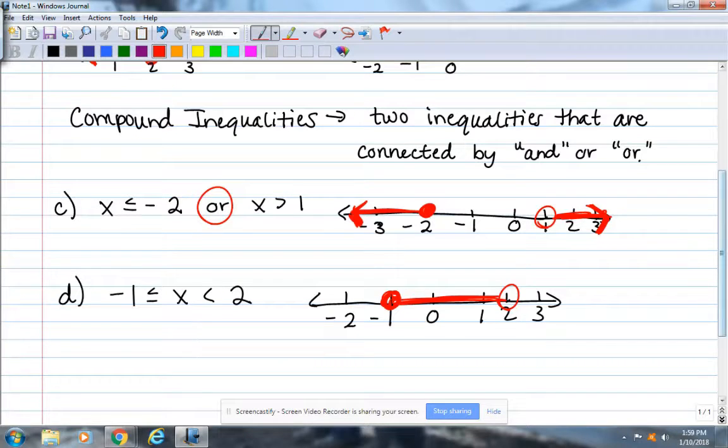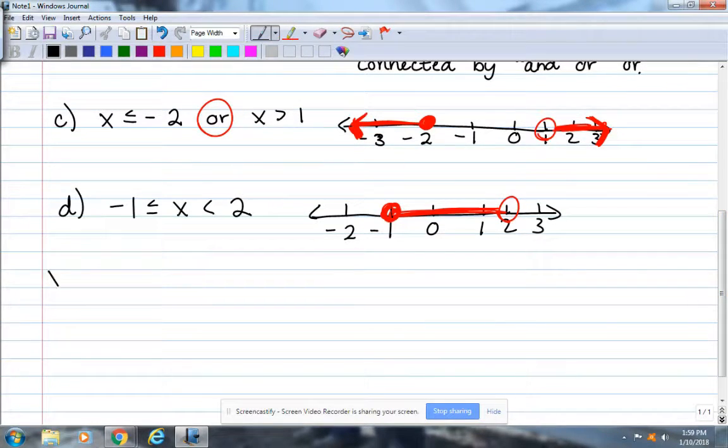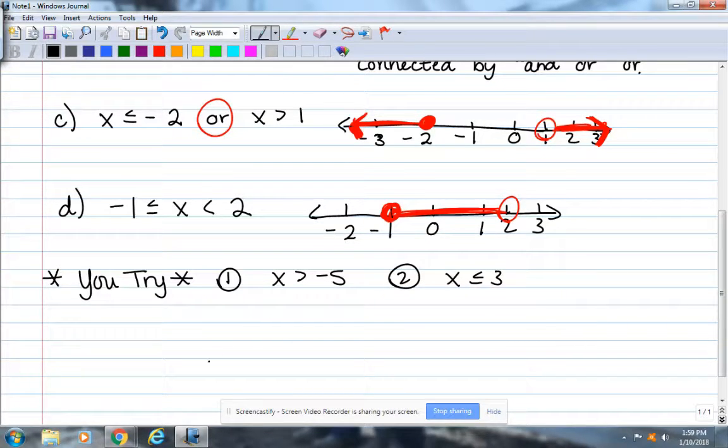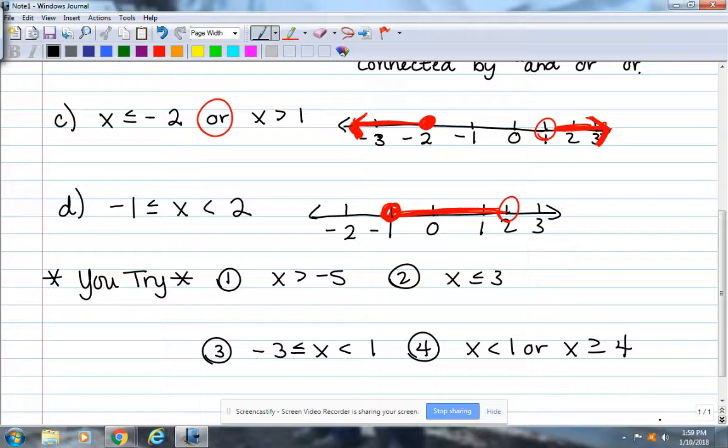So I want you guys to try these. You're just going to graph them for me. Graph them on a number line. Draw me a number line for all 4 of those, please.